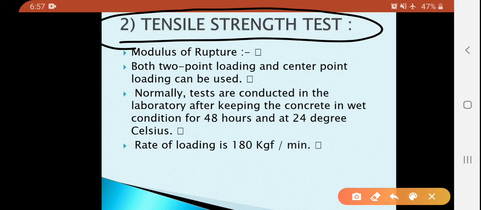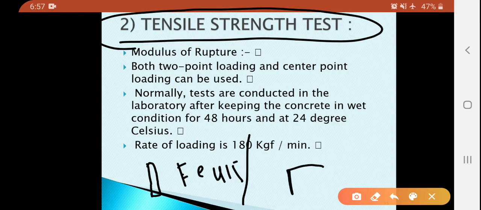Here, what is the main idea of this tensile strength? As we know, suppose I have one steel bar, we can call it Fe 415 grade, and here I have M20 grade concrete. Suppose we are conducting a compression strength test on steel.